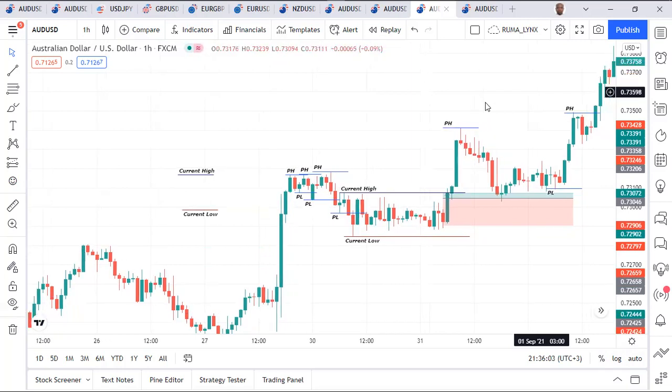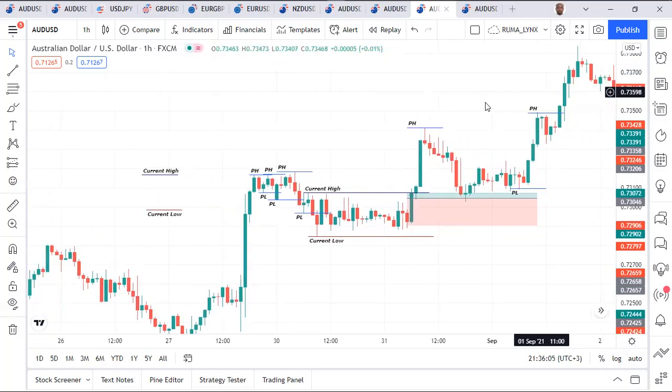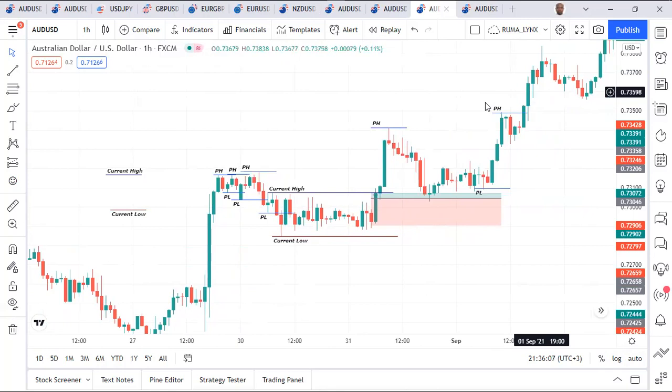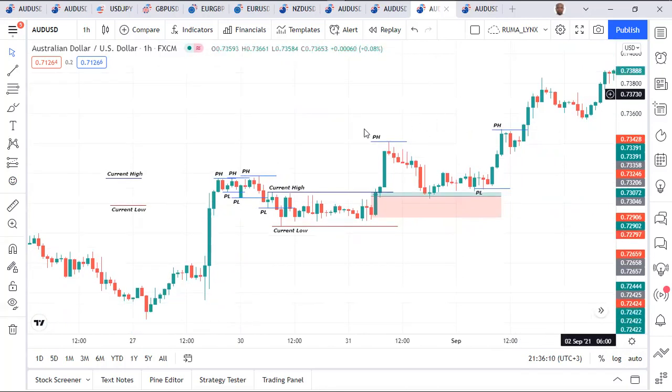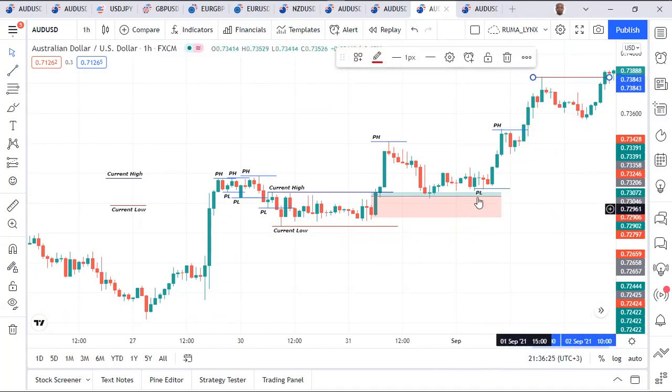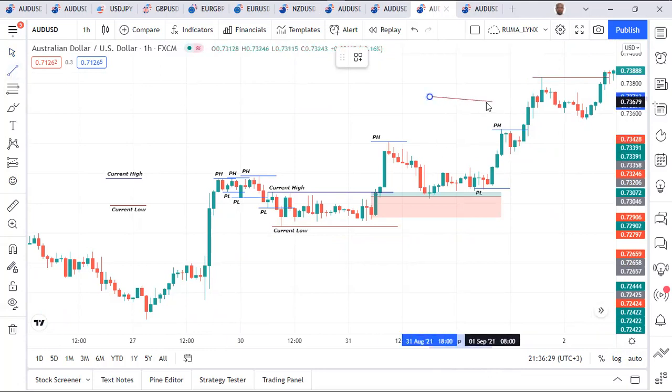Let's see what happens here. As you can see, the market went up again, and right here over here, we formed a new impulse again. So we mark our highest point. This is the end of this impulse. And this impulse starts all the way down here.